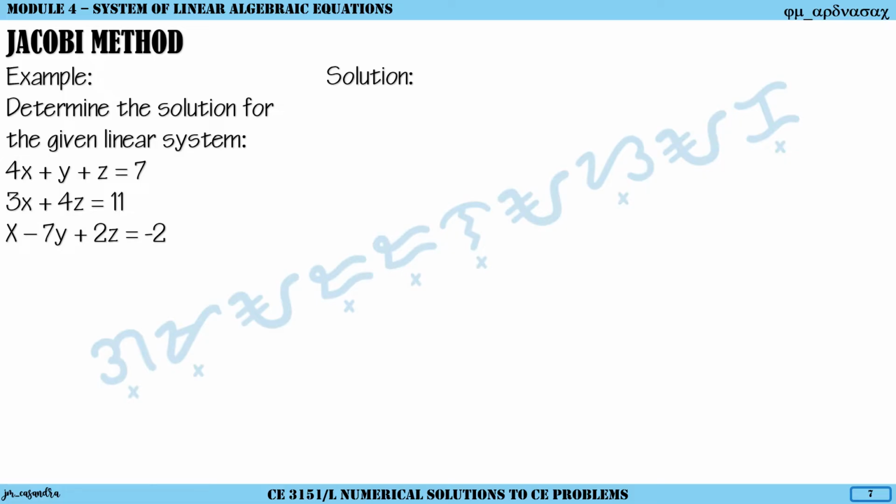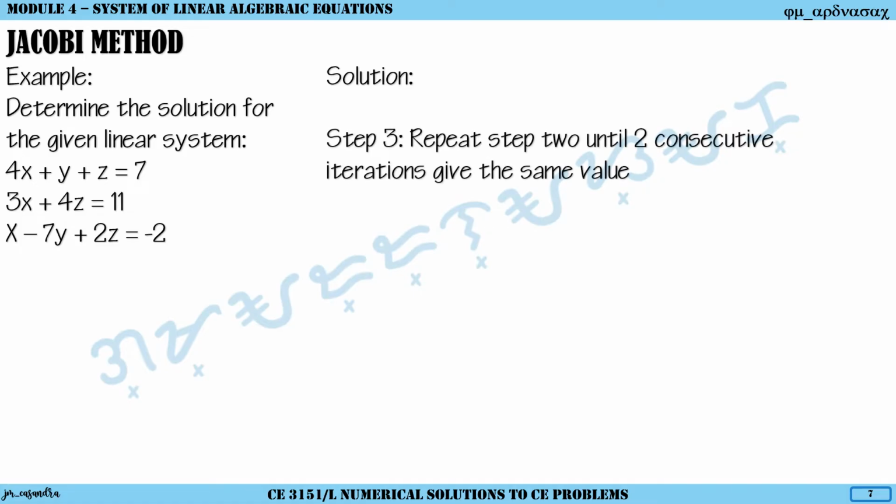So after our first iteration, we need two consecutive values or two consecutive iterations that would give the same values of x, y, and z. So we now apply step 3, repeating the second step until we achieve two consecutive iterations that would have the same value.